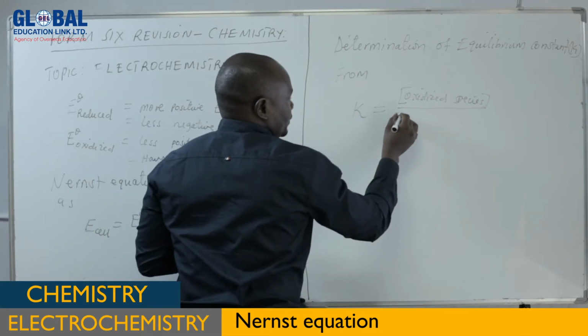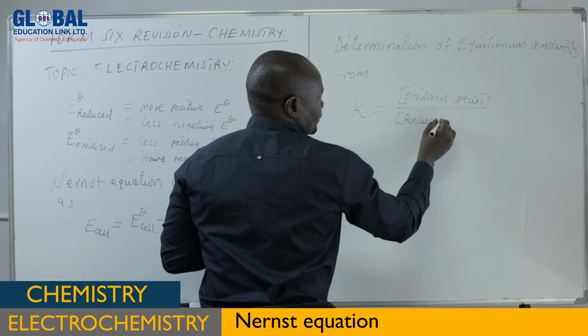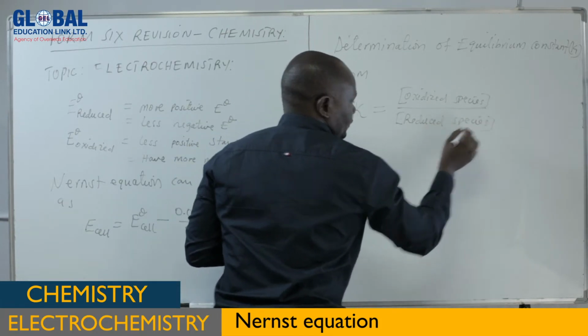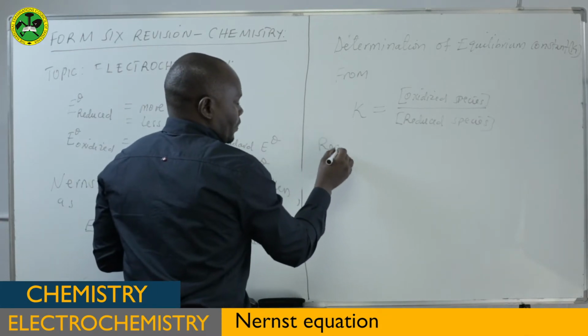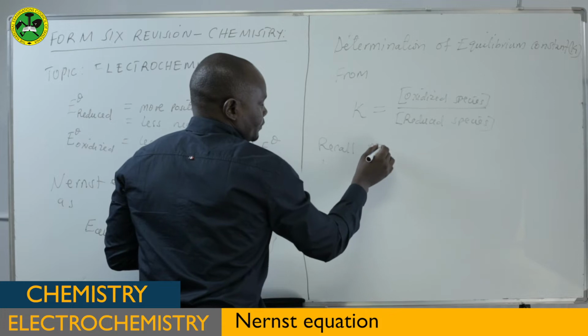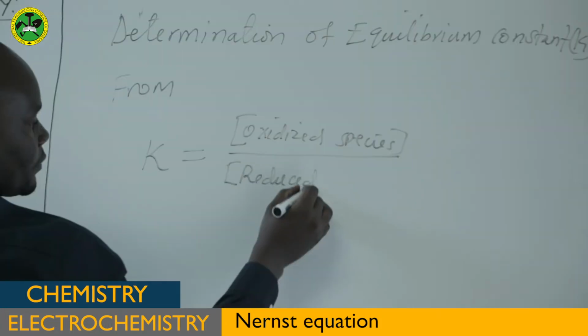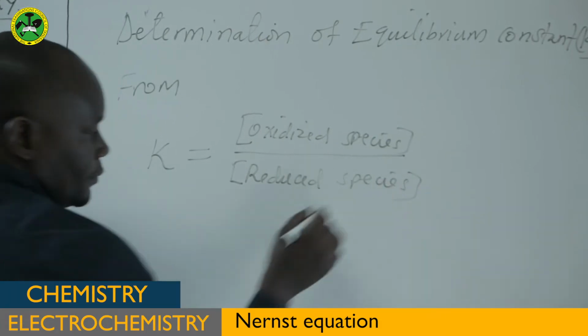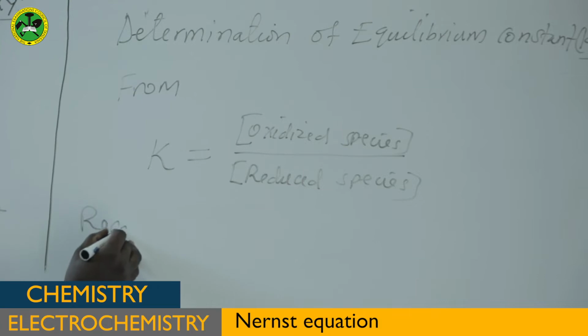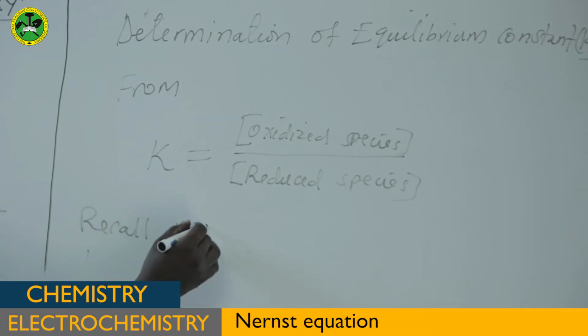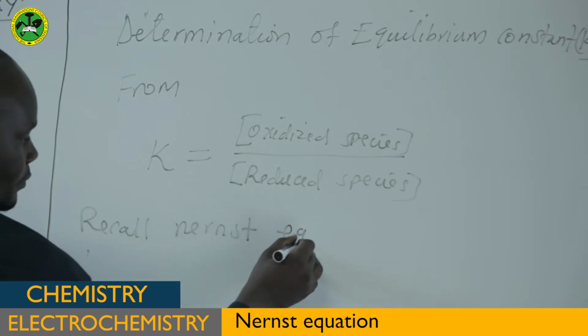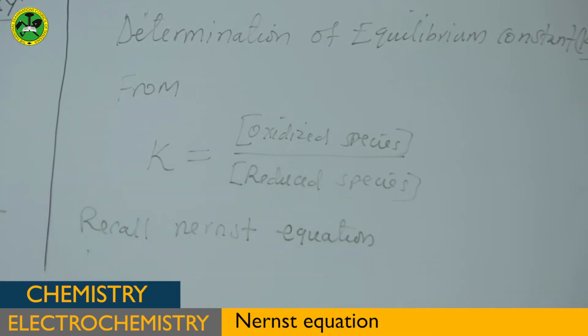over concentration of reduced species. So from the Nernst equation, where E, the EMF of a cell, is equal to the standard electrode potential of a cell minus 0.0591 over n, then log of oxidized species over reduced species.